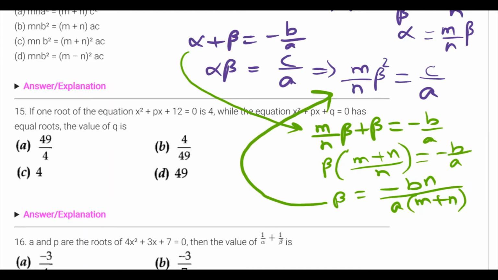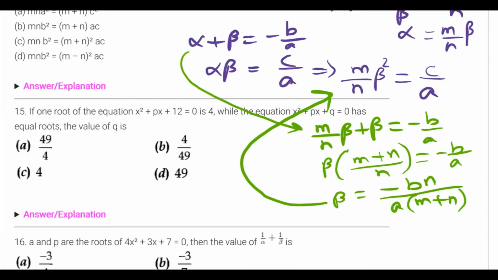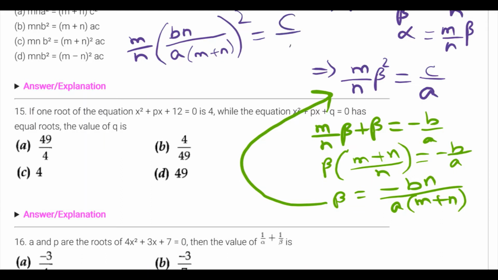So let me erase this first. So here we have m by n into beta square, right? So m by n into beta square is b into n by a into m plus n whole square, which equals c by a.